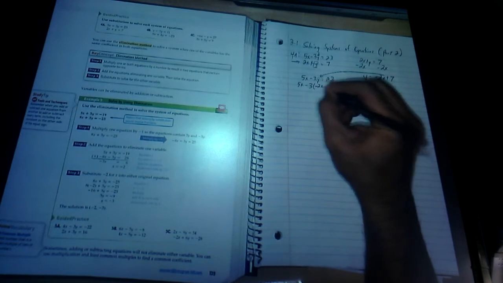So I've got 5x minus 3y equals 23, and instead of leaving that as a y, I'm going to plug in negative 2x plus 7 for that y. What that's going to do is make it to where there's only one variable, which is x in the problem, and then we can solve for one variable. So watch what I do here. 5x minus 3 times y, but we found what y is equal to in this problem. It's equal to negative 2x plus 7, so I'm going to plug that in, negative 2x plus 7. Catch what just happened.